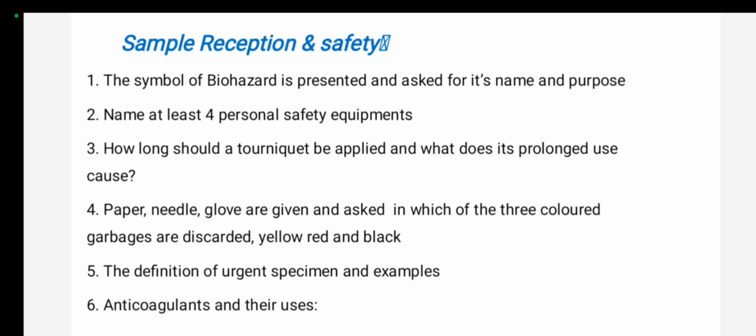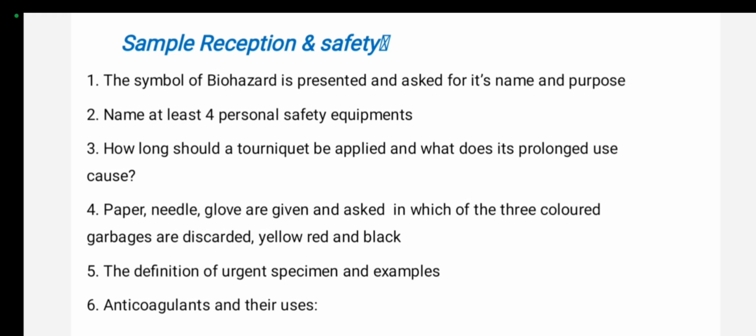So we have to identify the purpose of anticoagulants for laboratory diagnosis in different sections: for bacteriological, for clinical chemistry, for hematological. This is also very, very common in the clinical practicum exams for lab technologists or medical lab.